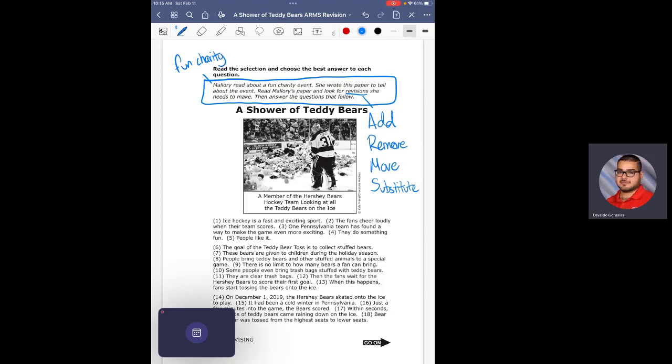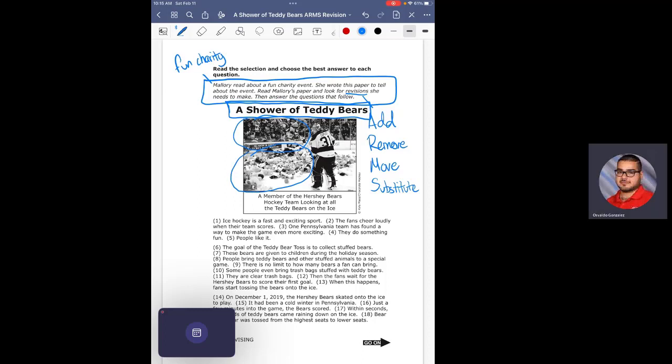Okay, and then we have to look at the title, A Shower of Teddy Bears. What does this mean? How can we find meaning or context for this? A shower of teddy bears. We look over here, we have some fans going wild, going crazy, and some teddy bears and stuffed animals on the ice, right?